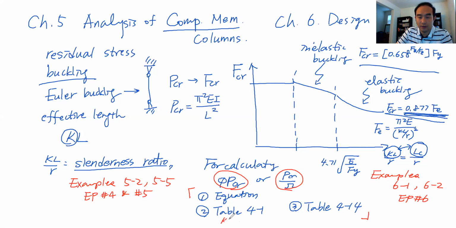So we have to have the KL, and then we will have factored capacity directly. While this table 4-14, we are using slenderness ratio instead of effective length, so that we'll get phi times F sub CR, or F sub CR over omega value.